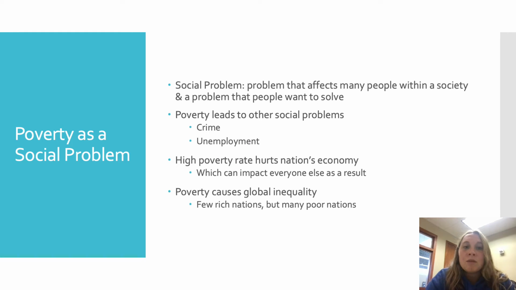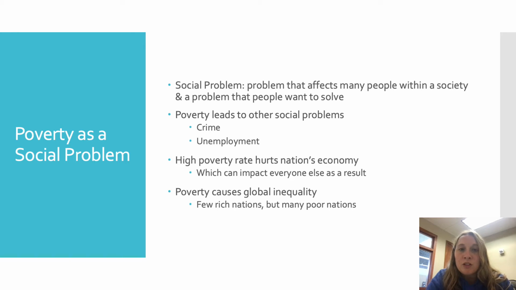A social problem is defined as a problem that affects many people within a society. It's also a problem that people want to solve. Poverty is seen as a social problem because it leads to other social problems. It leads to crime and unemployment. People living in poverty commit crimes such as stealing in order to survive, such as stealing food from a grocery store because they can't pay for it.